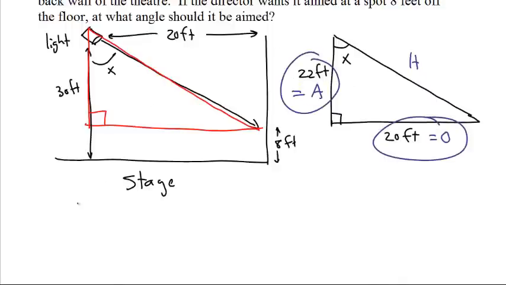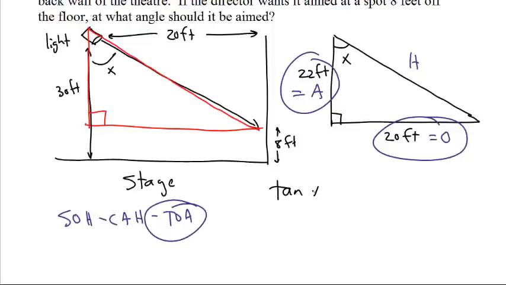And so we break out our SOHCAHTOA, and A and O is TOA. So we're talking the tangent of X is opposite over adjacent. The tangent of X is 20 over 22.